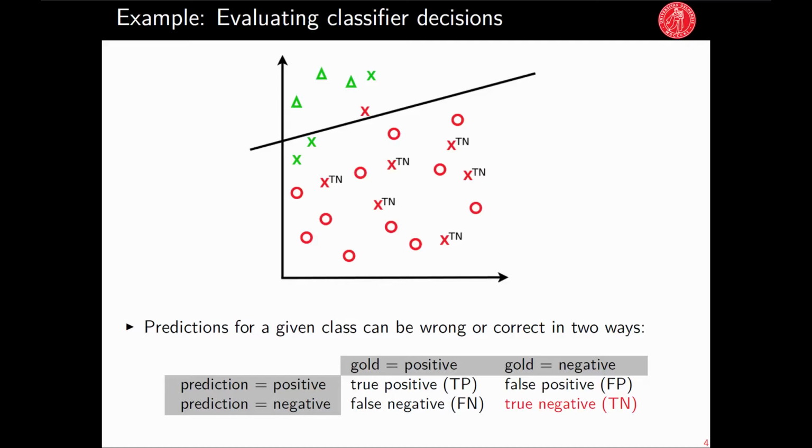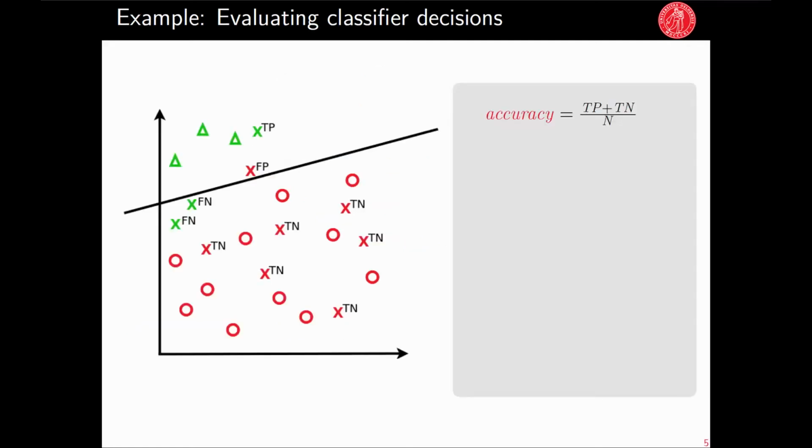Okay, so based on these four categories for quantifying in different ways that predictions can be wrong or correct, we can now define different performance measures. And the first is what is called accuracy.